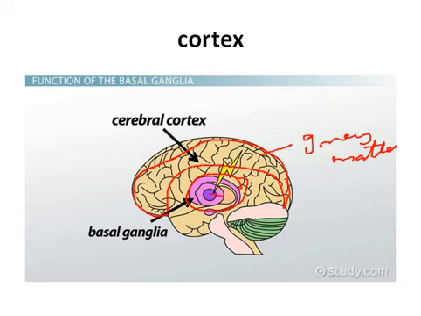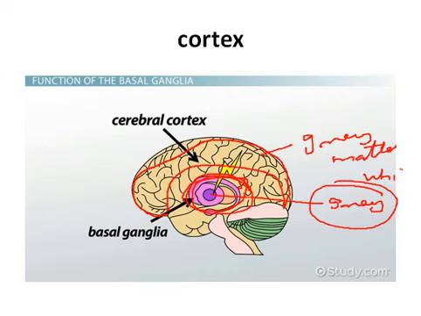Here also you can see gray matter surrounded by white matter. Inside the cerebrum you can see a group of gray matter, and this gray matter is surrounded by white matter. This is called basal ganglia, and this basal ganglia mainly helps in the voluntary movements.